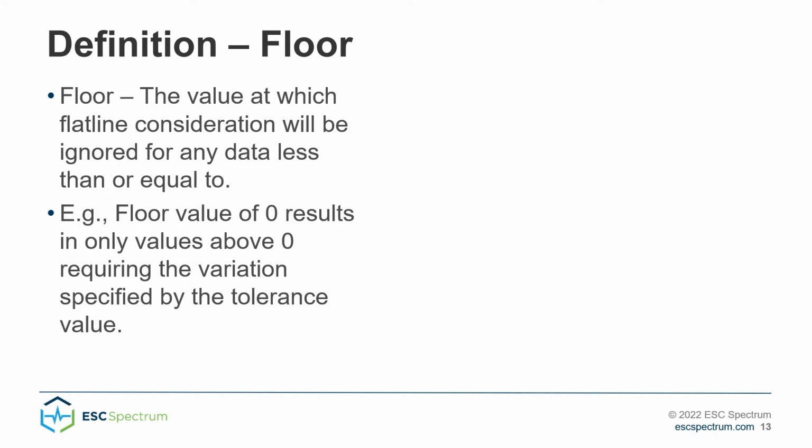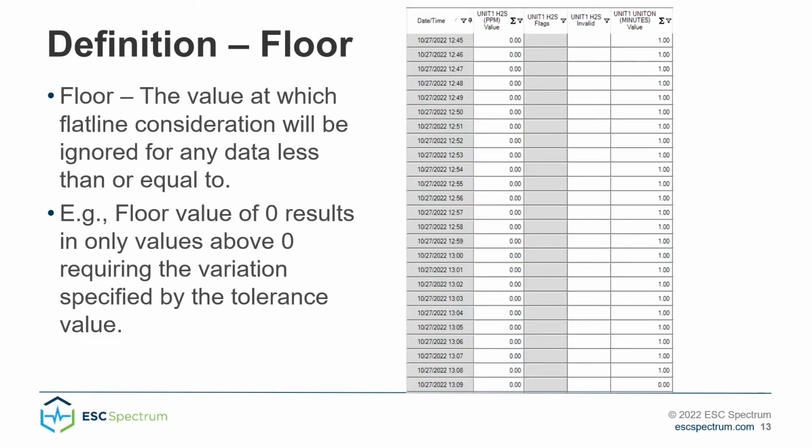Otherwise, we're going to ignore it. So looking through this data, if for instance, the unit was on and our H2S was just 0 for that entire data period, if the floor is set to 0, then that would be fine, and that data would not be marked as flatlined.